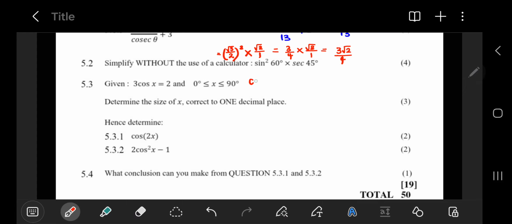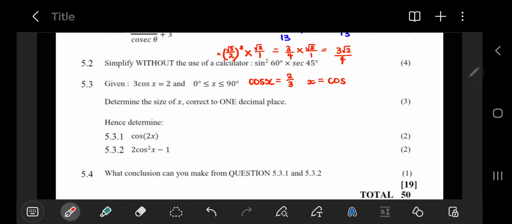On the left hand side, you will be left with cos x. On the right hand side, 2 divided by 3 is just 2 over 3. Now since we need to get x alone, we don't want this cos next to it. So what do we do? We take cos over to the right hand side. And here's something extremely important.